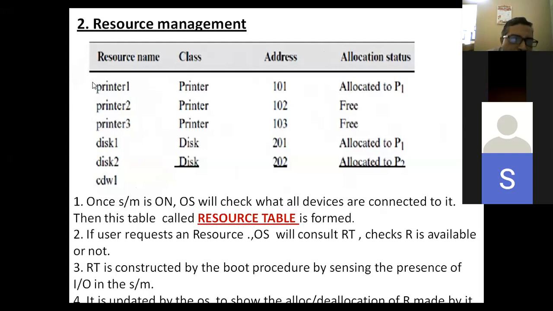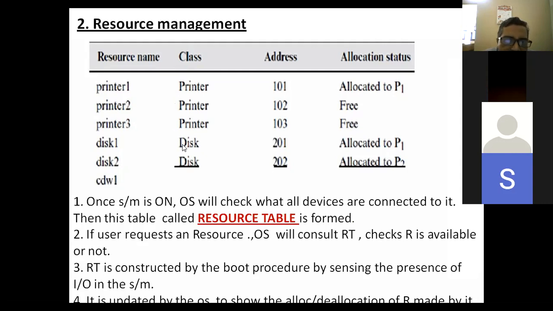For example, you can see here the resource names printer 1, printer 2, printer 3 are connected to the computer system, and we have disk 1 and disk 2. These disk 1 and disk 2 are of the class disk, and we have a CD writer also connected. So we have 3 printers, 2 disks and 1 CD writer connected.